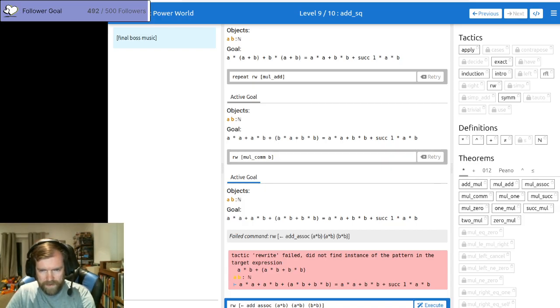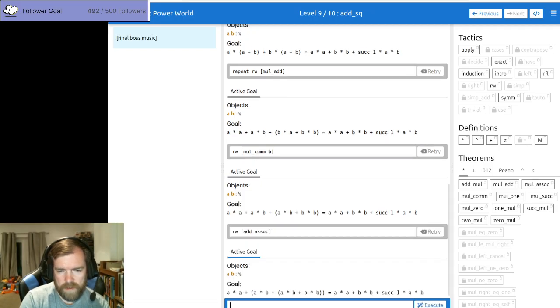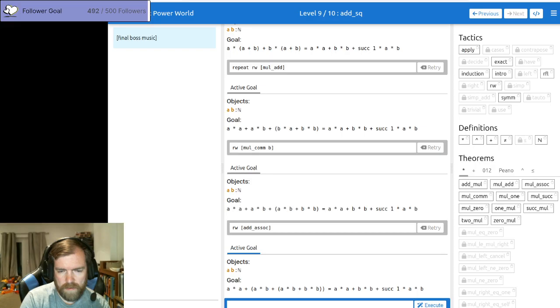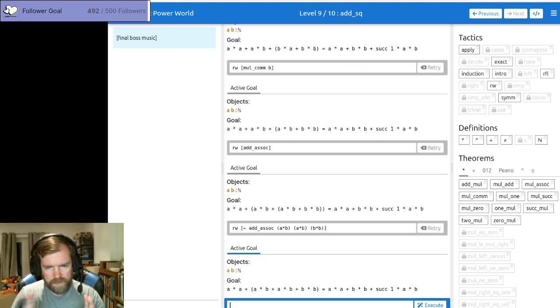What do you mean it's not there? Did not find instance of the... It's because our first two things are associated again. Okay, so rewrite additive associativity. There we go. Now we do this one. Those two are grouped. A times b plus a times b. All right.